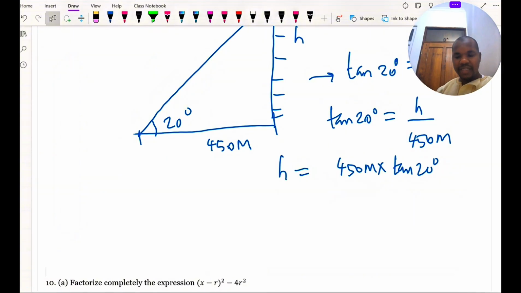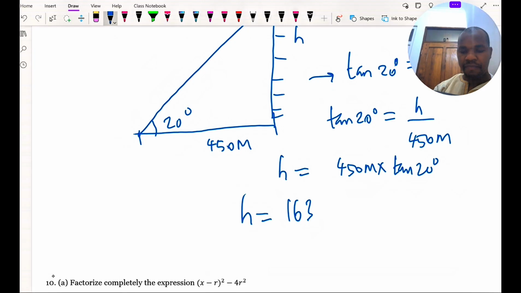You're going to plug all these details in a calculator. Upon plugging in, I'll be taking tan 20 multiplied by 450. Eventually we get h is 163.79 meters.